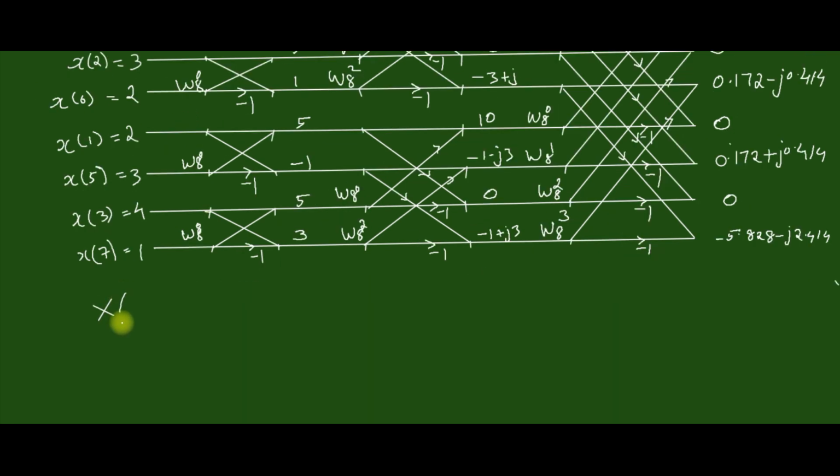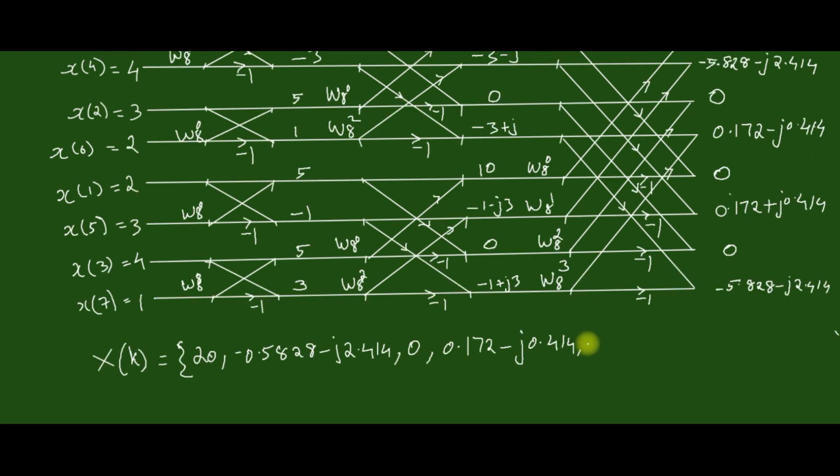Therefore, X of k equals 20, minus 0.588 minus j 2.414, then 0, then you have 0.172 minus j 0.414, then 0, then the complex conjugate of this one.